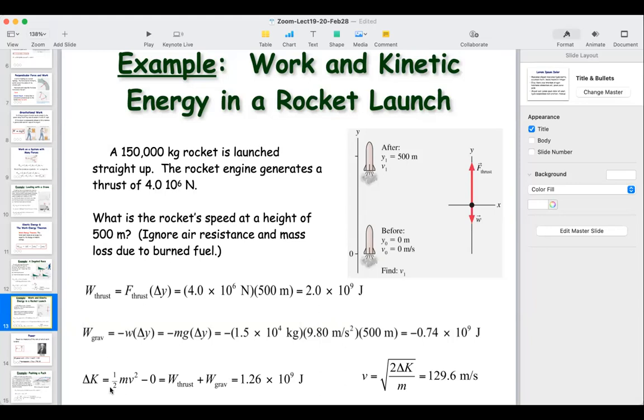Then what we know is that the change in the kinetic energy, so 1/2 m v final squared minus 1/2 m v initial squared, but we know that the initial velocity is 0, so this is 0, is equal to the work done. The total work done is the work done by the thrust plus the work done by gravity, and so it is this one minus this one.